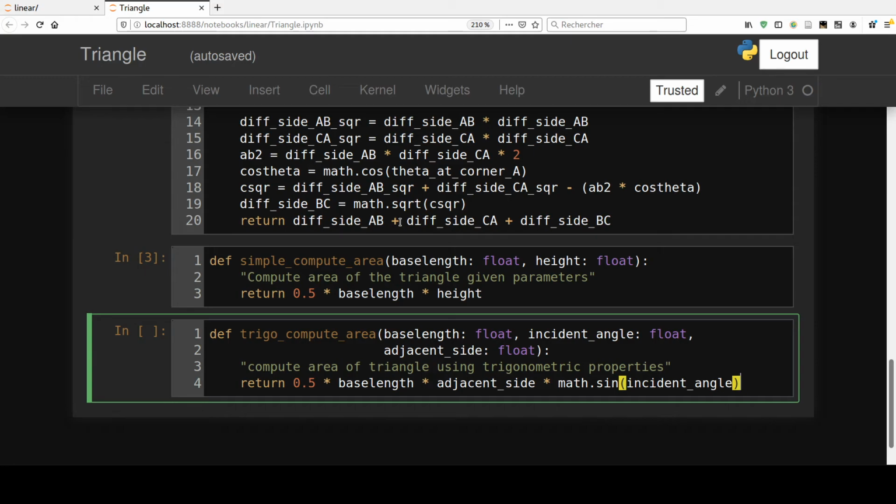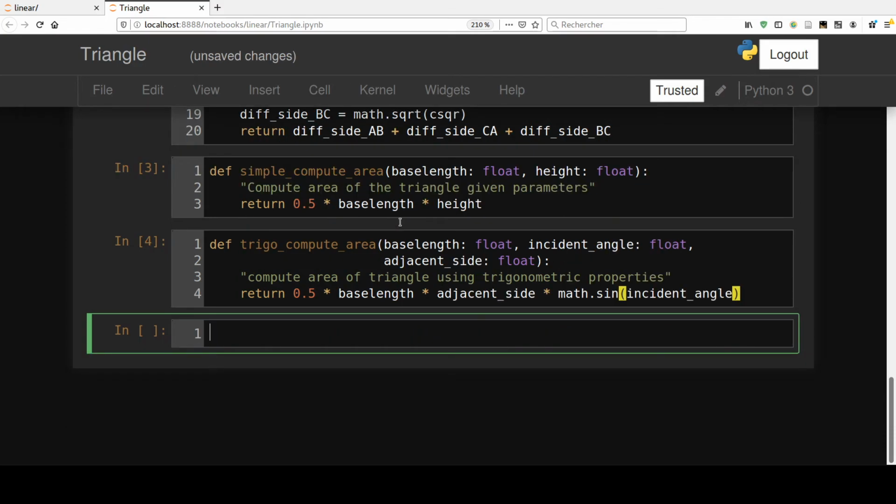Let's just do one of those and finish this up. Possible triangle from sides, so side 1, side 2, side 3.